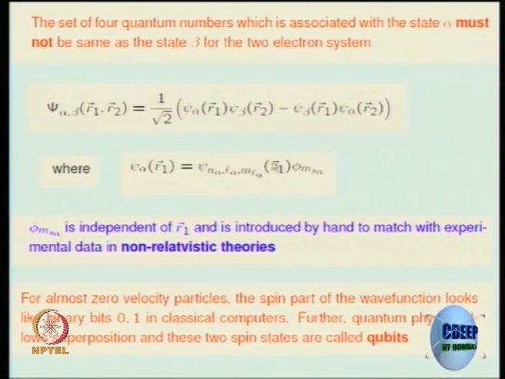You can start taking superposition of various possible qubits. This is supposed to increase your speed, supposed to enhance what all you want to do in a much more efficient way, is what we all feel.